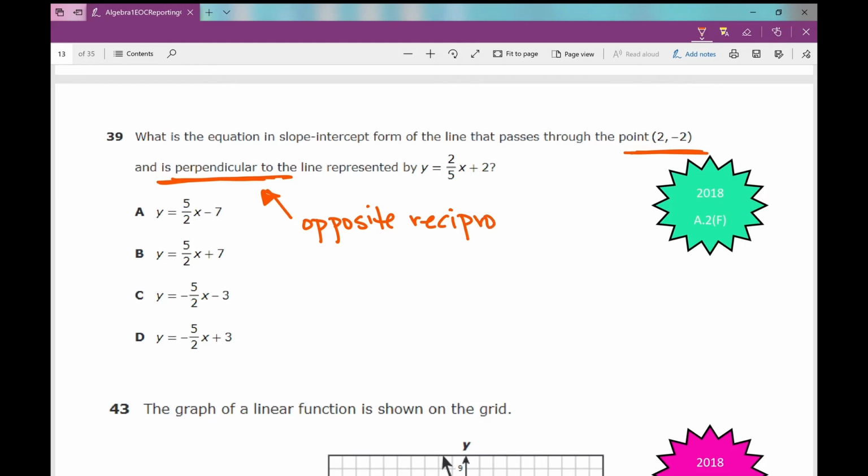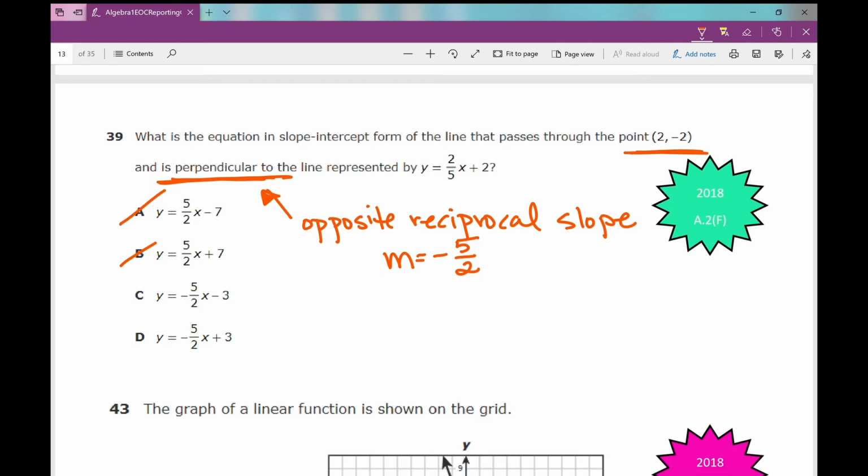So the slope of a line perpendicular to another line is going to have an opposite reciprocal slope, meaning instead of it being positive 2/5, it's going to be negative, flip it, 5/2. That's the number in front of the x. Which ones can I eliminate? A and B. Okay, let's move on.